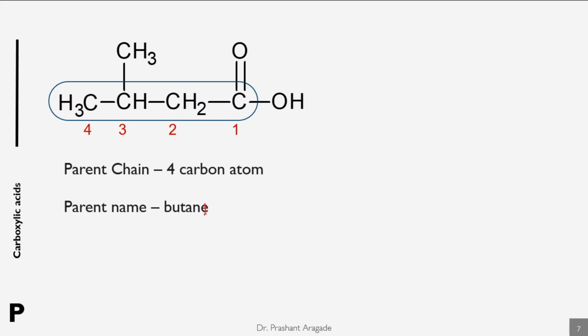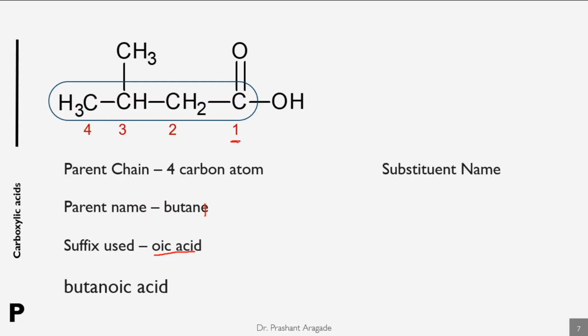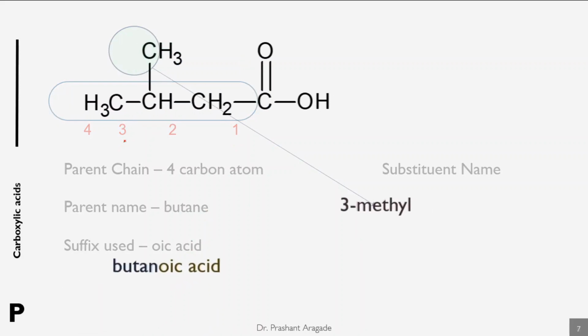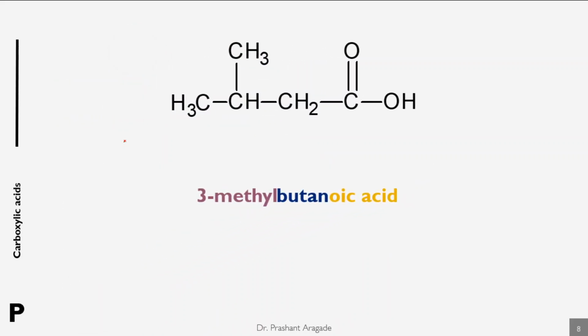So the E of butane is replaced by oic acid, the suffix used for carboxylic acid. So butanoic acid. No need to mention the position number of the functional group as it is present at the first position. Then next you have to find the substituent. Here the substituent is a methyl group attached at the 3 position. So the name is 3-methyl. So the name of this compound is 3-methyl butanoic acid.